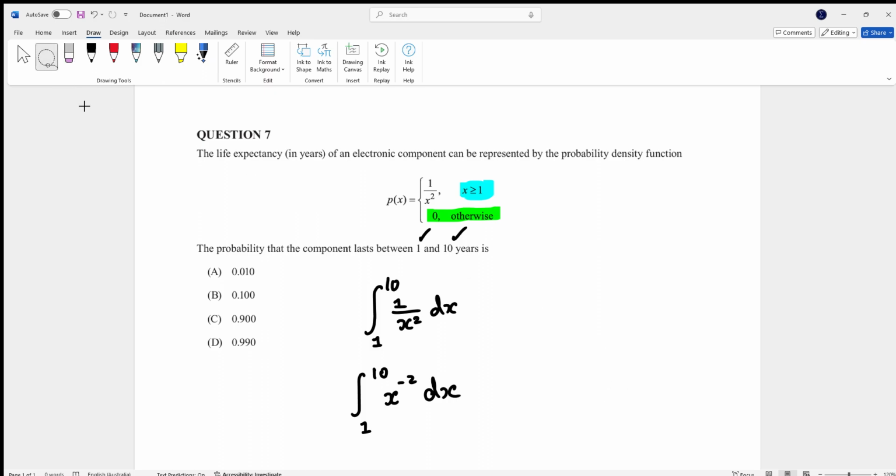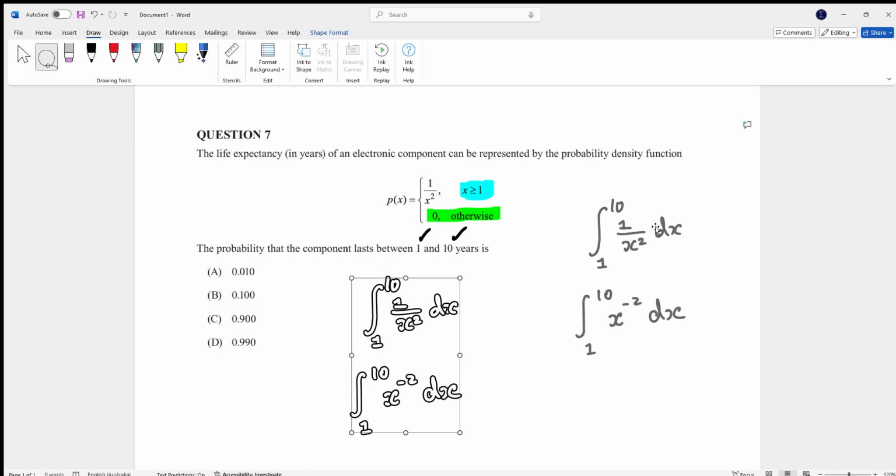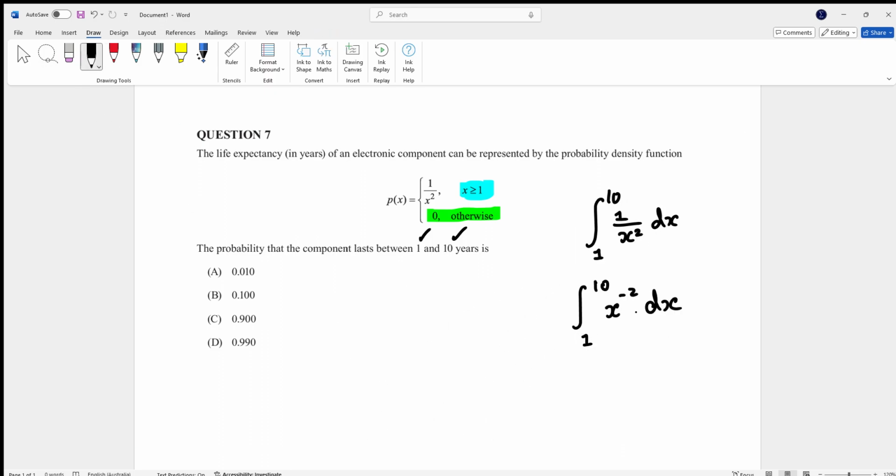So, now we've got that there. Let's move that up there. There we go. So if we're integrating this, the integral from 1 to 10 of x to the negative 2. You're going to add 1 to the power, so here it'll be x to the power of negative 2 plus 1, over negative 2 plus 1. And you don't need a plus c because there are bounds involved.